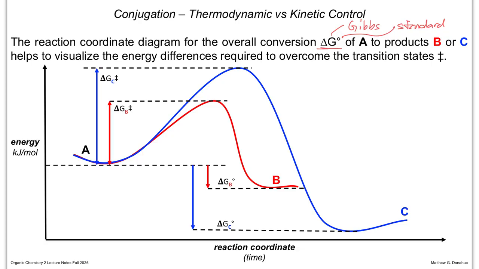So from our starting material, we're going up this hill. The top of that hill, like the very pinnacle of it, that was called the transition state. So those only exist for a very short amount of time, say like 10 to the negative 12 seconds.